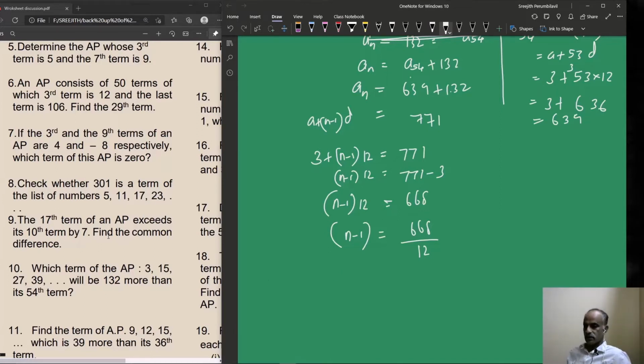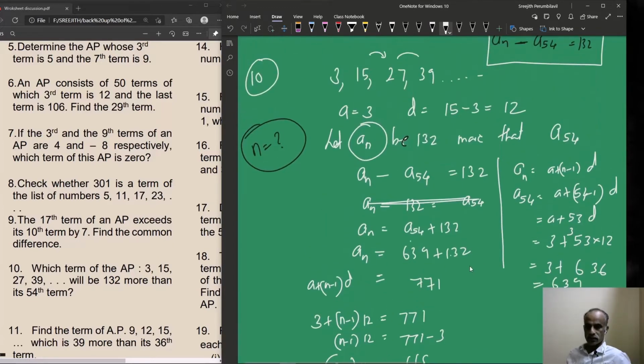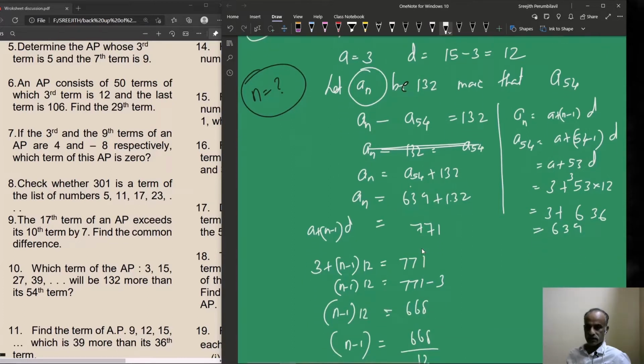Let me check if there is any error here. Which term is 132 more than the 54th term? A54 is A plus 54 minus 1 into D, that is 3 plus 53 into 12, which is 639. Then 639 plus 132 is 771.